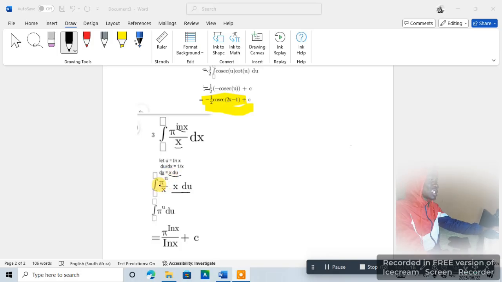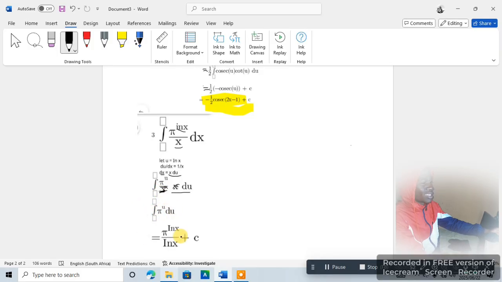Then you can see that we have the integral of pi to the power u over x, then here is x du. Then we have the integral of pi to the power u du, because this x is going to cancel this x, guys. For sure, you can see this x is going to cancel this x, then we'll be left with the integral of pi to the power u.